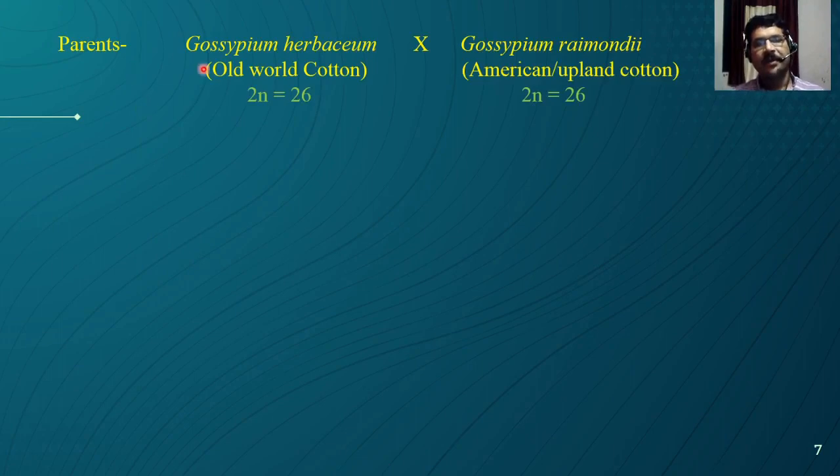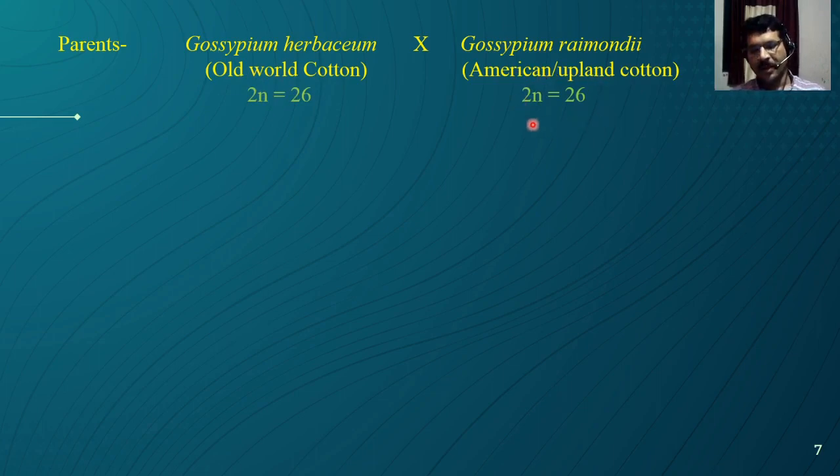We have selected two parents, Gossypium herbaceum and Gossypium raymondi. The first is Old World cotton and the other is American upland cotton. Gossypium herbaceum contains 2n equal to 26 and the other also contains diploid chromosome number 26.